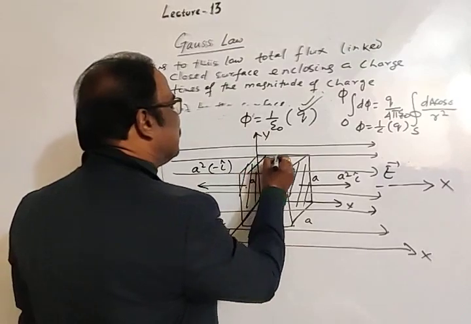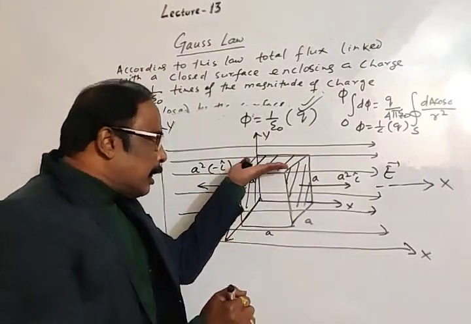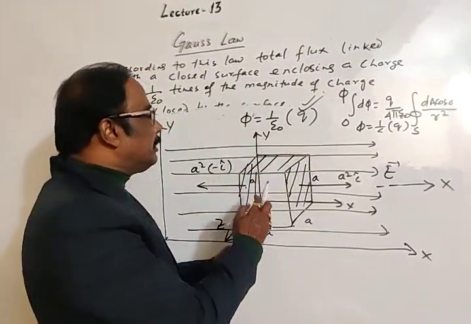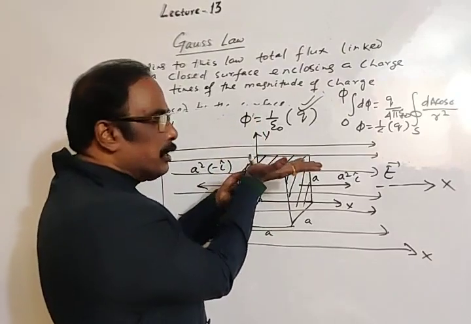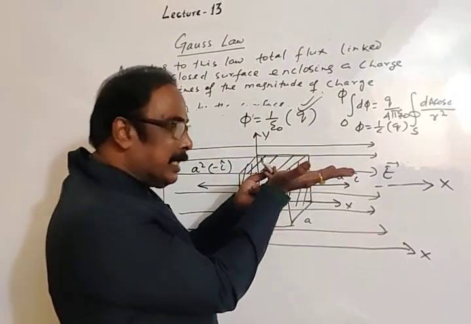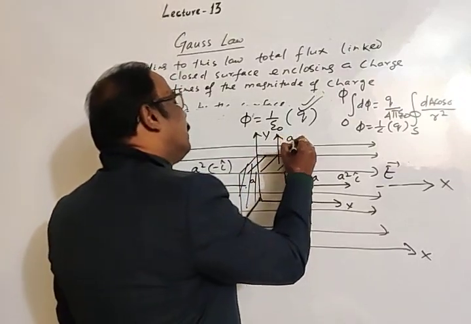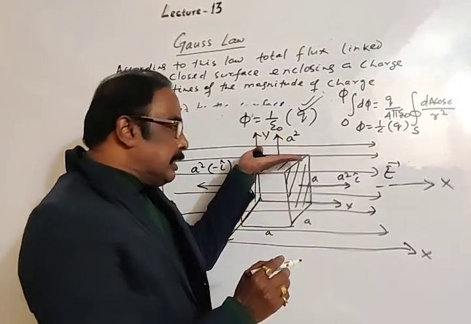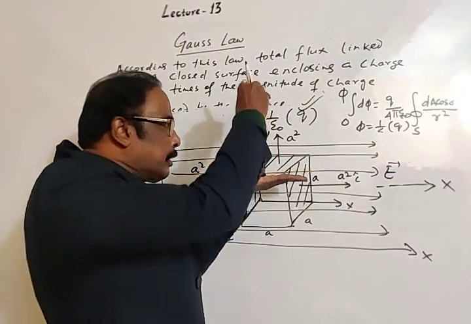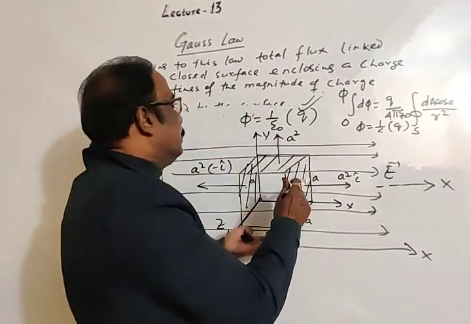See students, this is the top surface area. This surface area is on, this is y-axis, this is z-axis, so obviously direction of area vector is outward, magnitude is A square. Since this is YZ plane, direction will be along y-axis.